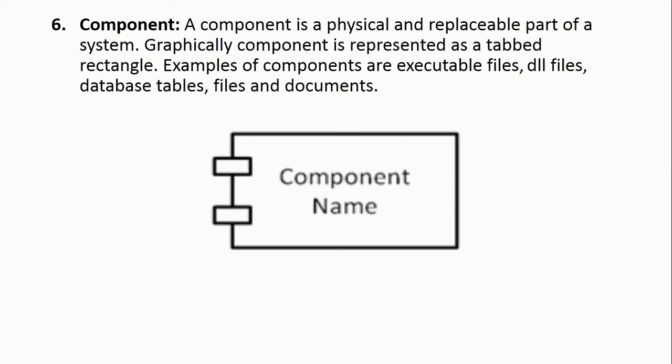So graphically, component is represented as a tabbed rectangle. Here it is shown as a rectangle and there is tabbing. Examples of components are executable files, DLL files, database tables, files, and the documents.